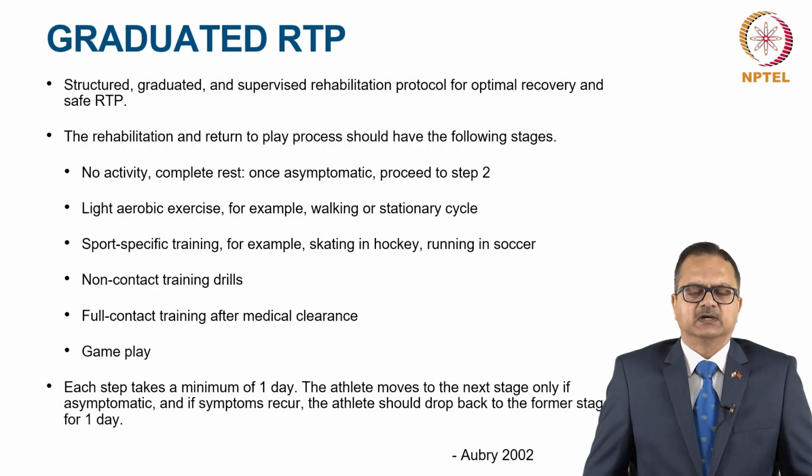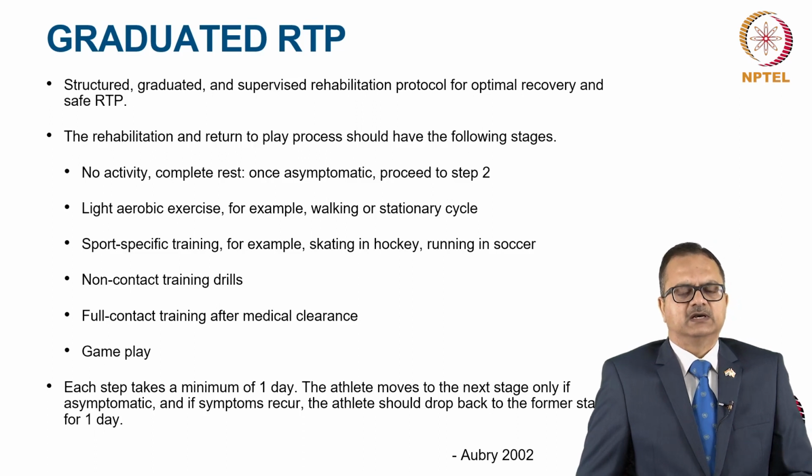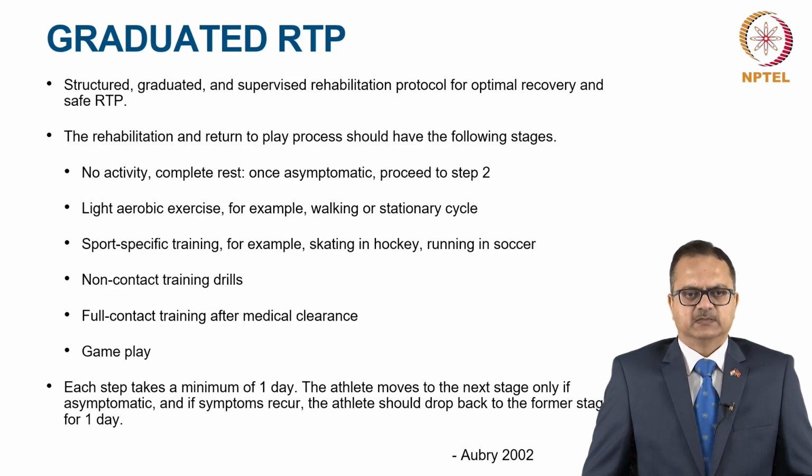There is something called a graduated return to play, which is a structured, graduated and supervised rehabilitation model for optimal recovery and safe RTP. It has these particular steps. Initially, no activity and complete rest. When you become asymptomatic, proceed to step 2. Light aerobic exercises like walking or stationary cycling.